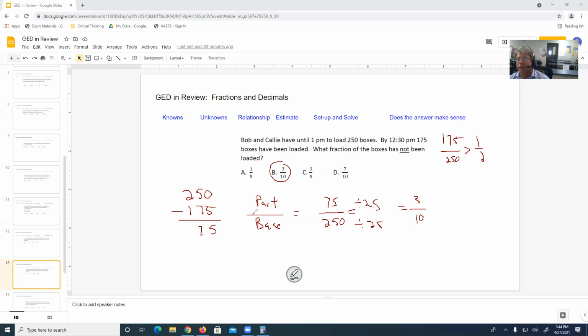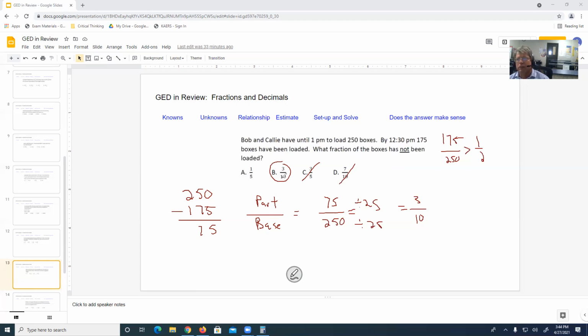So what's left would be less than a half. And the only two fractions that are less than a half would be 1 out of 5 and 3 out of 10. 3 out of 5 is actually more than a half, and 7 out of 10 is actually more than a half. So that was the only thing I could pick up on as far as the estimate goes: I have less than half to be loaded. So those are the only two that would be less than a half.